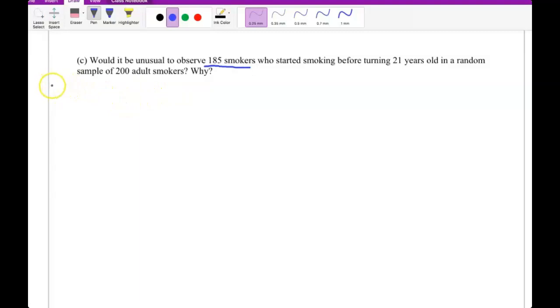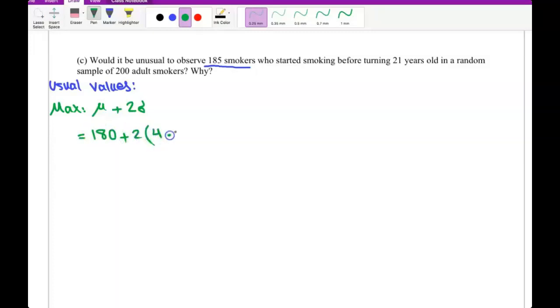So what we have for usual values, for max, we have mean plus 2 times standard deviation. And that is equal to, for mean, we have 180 plus 2 times standard deviation. From the previous part it was 4.2. And that is equal to 188.4.